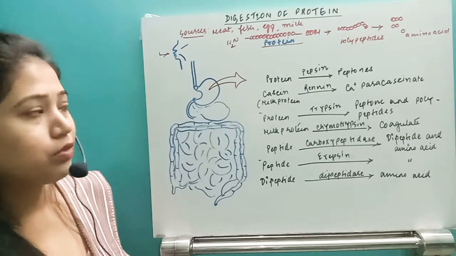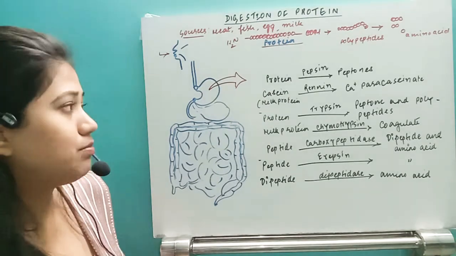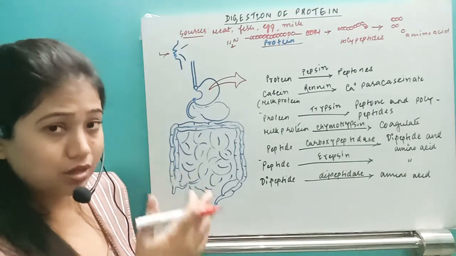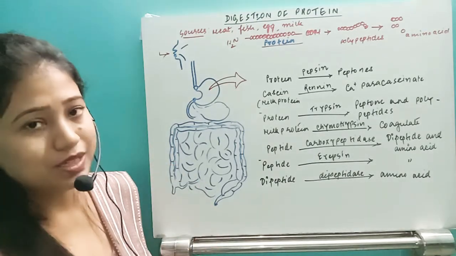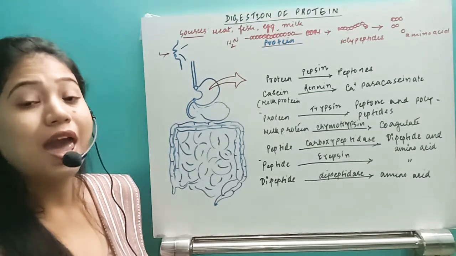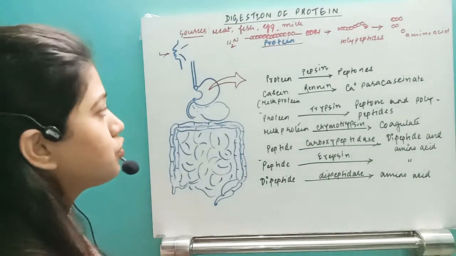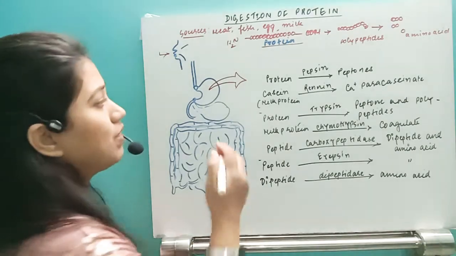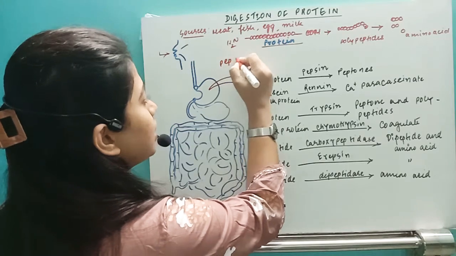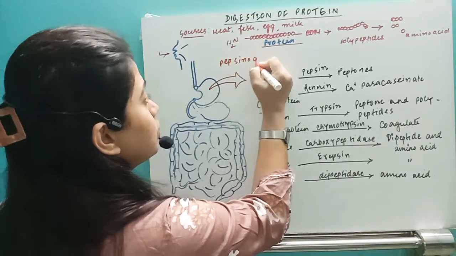First of all, we have one enzyme that is released from the stomach wall, that is pepsin. But pepsin is not released in its activated form. The chief cell releases pepsin in the pepsinogen state.